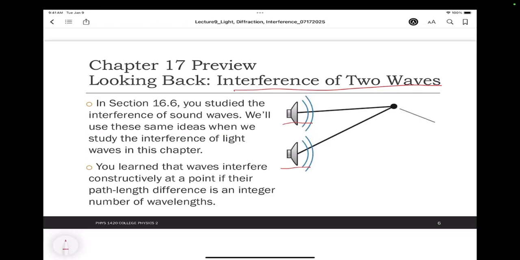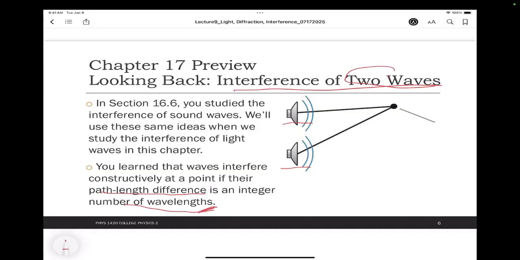Actually, it's a similar thing, but here in this chapter, we mainly focus on the light wave. You learned that waves interfere constructively at a point if their path length difference is an integer number of wavelengths. Am I right? Do you remember that?